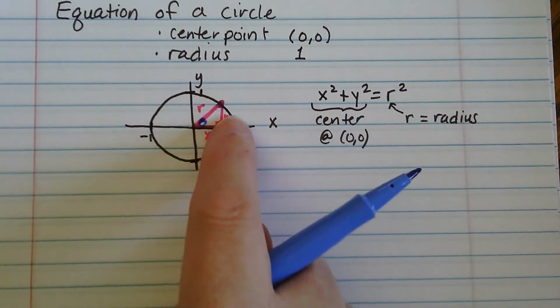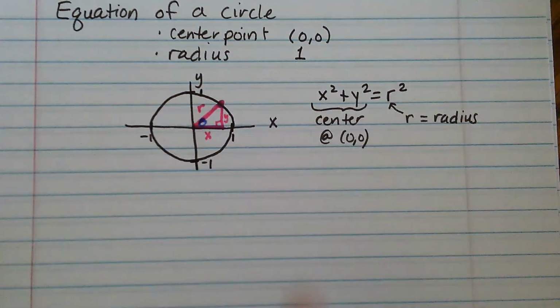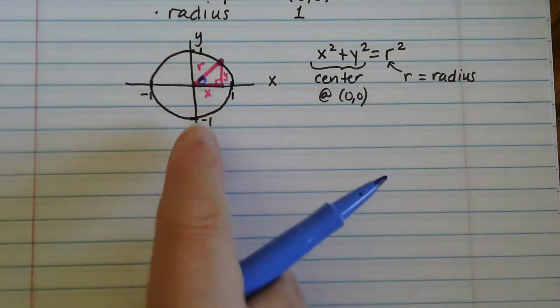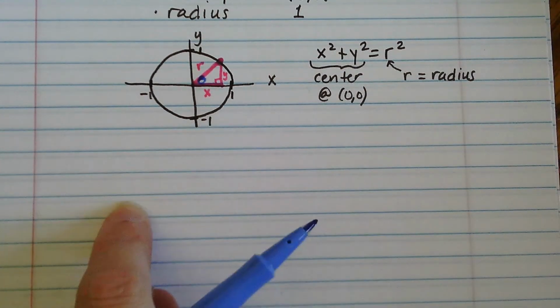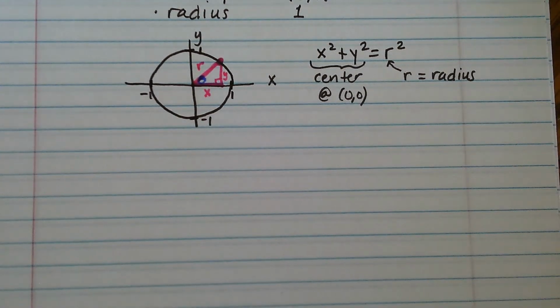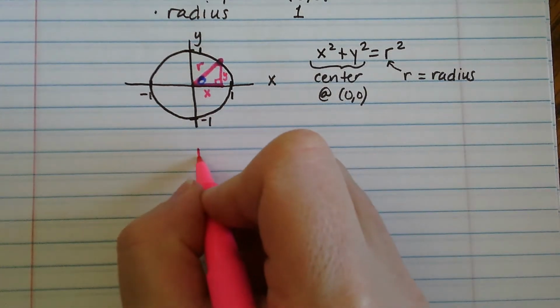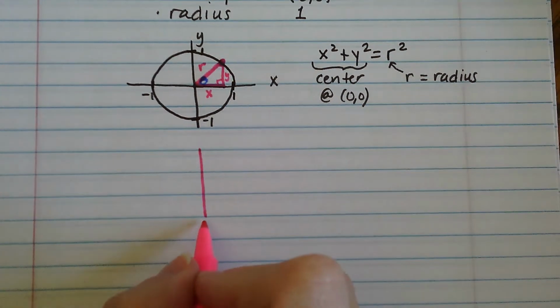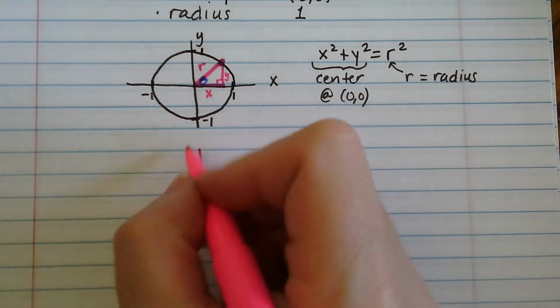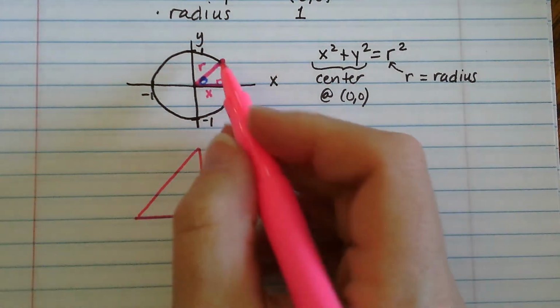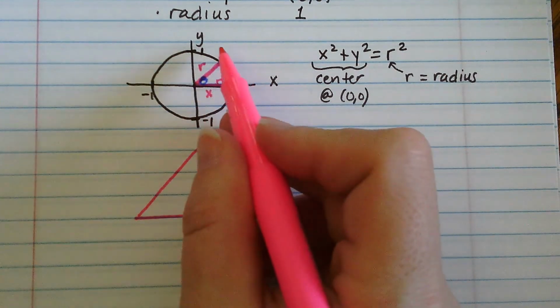So what I want to do is take this pink triangle that I made in the unit circle, and blow it up right here. I'm going to zoom in just to the pink part so I can show you what I want to show you, and then I'll show you how it's attached to the unit circle and put it back together. So let's just zoom in on this piece right here.